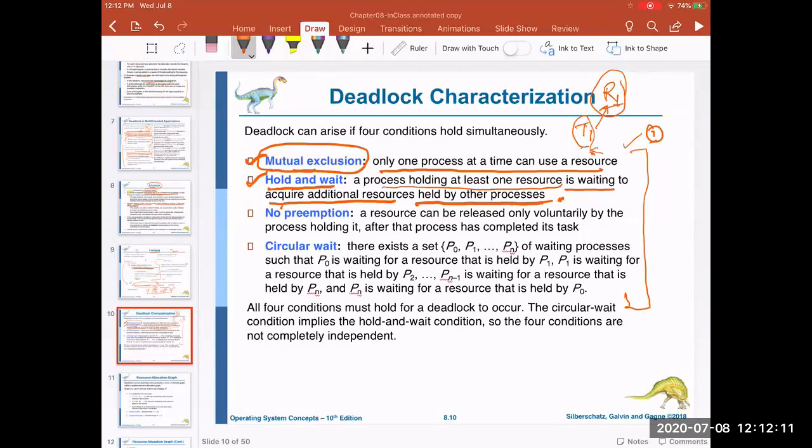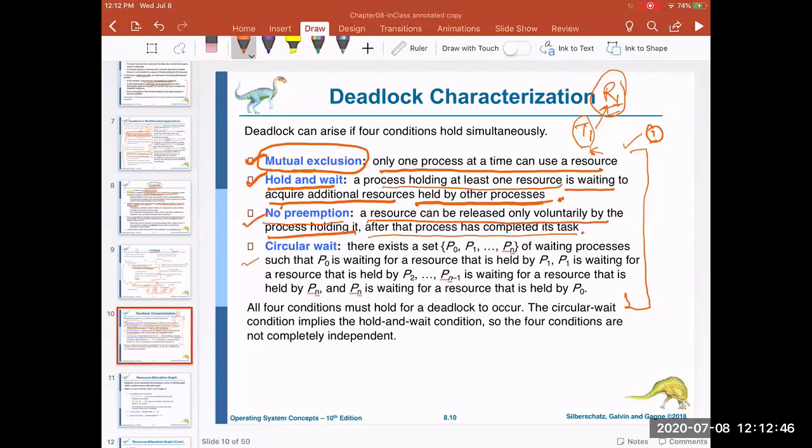If you remember, in the previous chapter we discussed priority inversion. Why was this happening? Because whenever a mutex lock is already acquired by some process, it cannot be preempted. If it were preempted, that would create a problem. So non-preemption means a resource can be released only voluntarily by the process holding it after it has completed its task. This is the third condition.